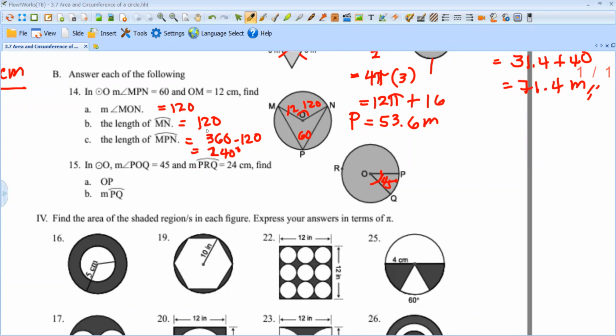That is 12 centimeters. Wait. Are we going to get this? We are looking for the arc length. But anyway, this is actually given, so there is no problem with that.